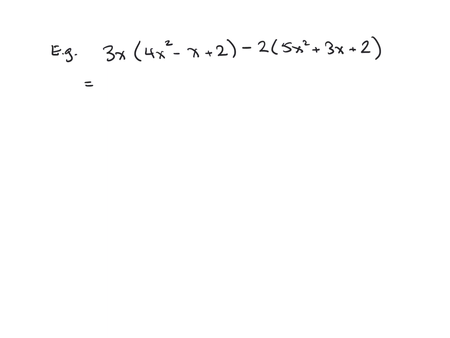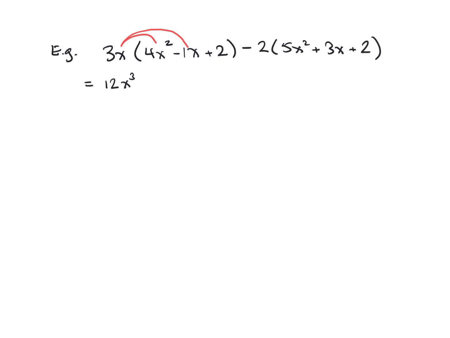Okay, so now if we can't simplify inside the brackets, we can apply the distributive property. For the first set, I'll have 3x times 4x squared. So 3 times 4 is 12, and then x times x squared is x cubed, since we add the exponents. Then 3x times negative 1x.